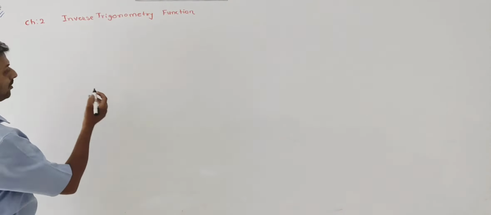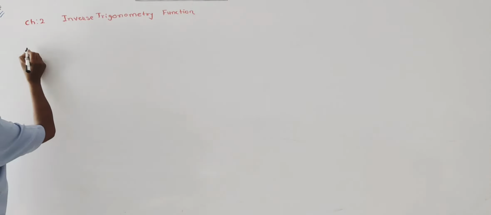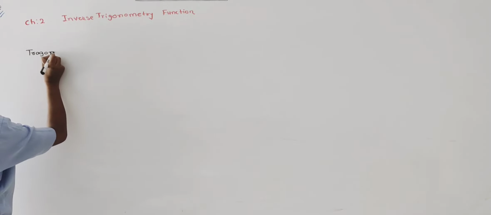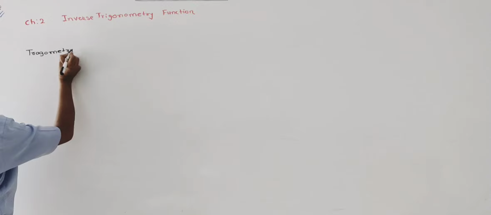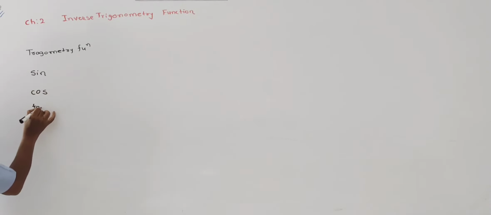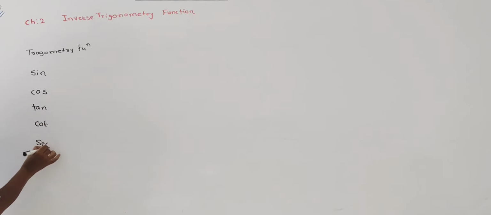Today we are going to start our second chapter, that is inverse trigonometry function. First of all we have to understand which are our trigonometry functions. We have 6 trigonometry functions, that is sine, cos, tan, cot, sec and cosec.